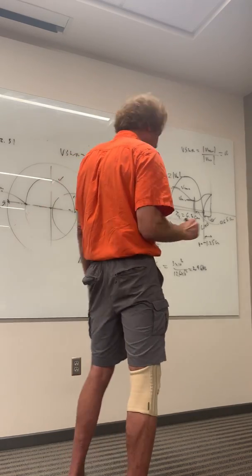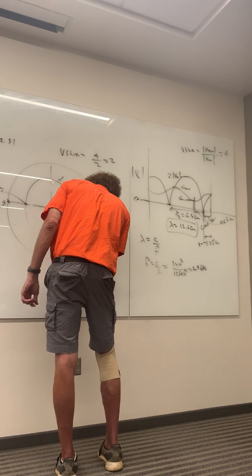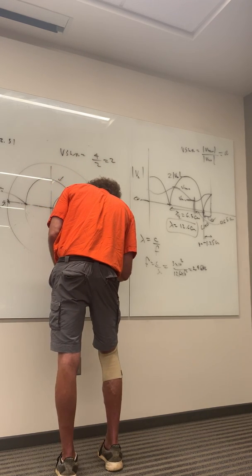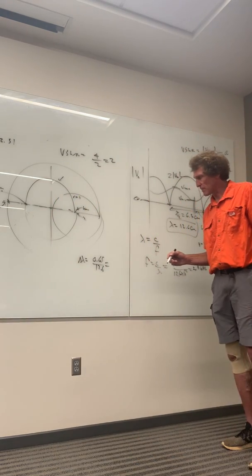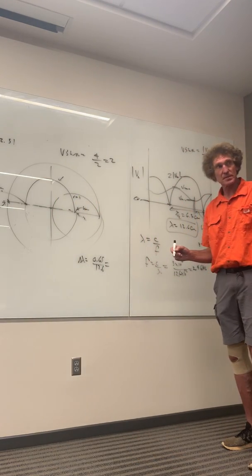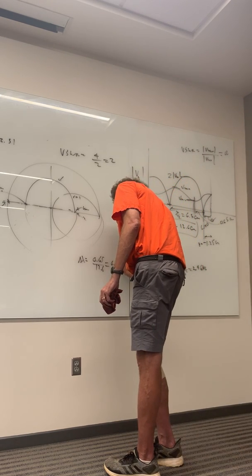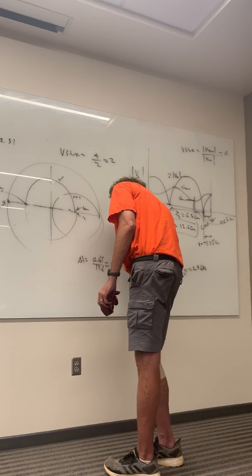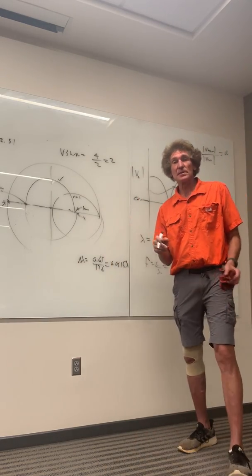Wait, is that 0.65 centimeters? Yes. Oh, I'm sorry. Then it's going to be 12.6. And what do you get for that? 0.65 over 12.6? 0.0515. 0.0515 lambda.